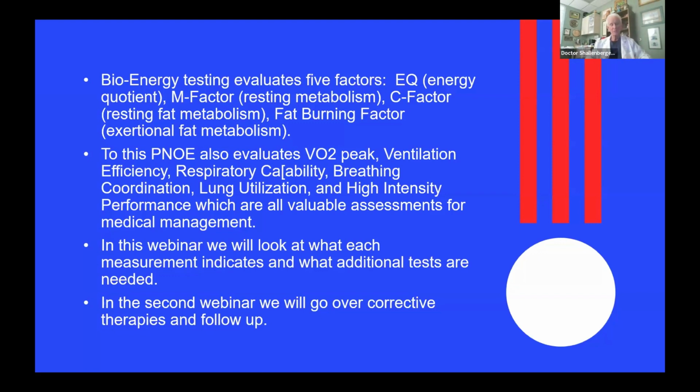We know that if you have too much fat on board, if your fat percentage is too high, you're at risk for every single disease there is, from cancer to cardiovascular disease to strokes. Name me a disease, and if you're obese or you have a high fat percentage, you're at greater risk because of that. So we do want to deal with this with weight management.